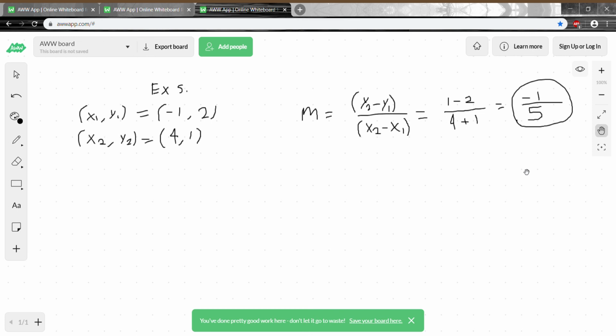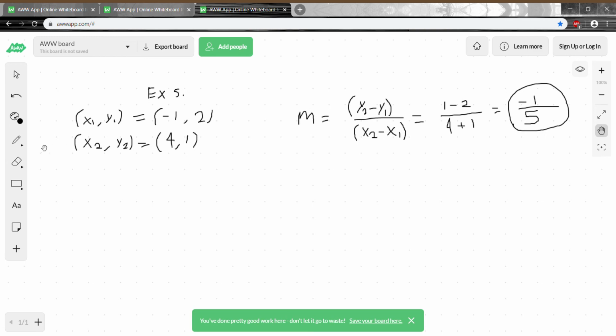Okay, and to turn this into the equation, right? Our equation was y minus y1 is equal to m times the quantity x minus x1. We're going to start plugging stuff in because we have this, now we have this.